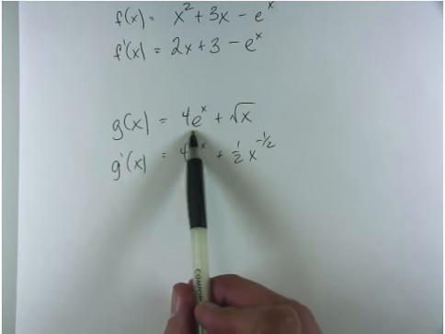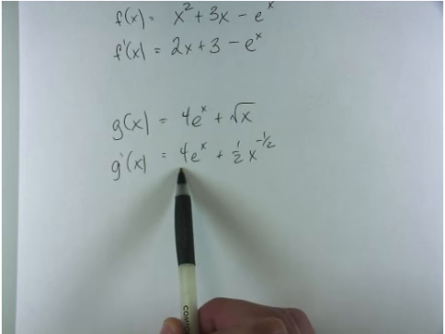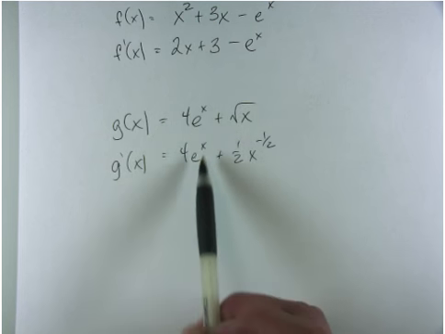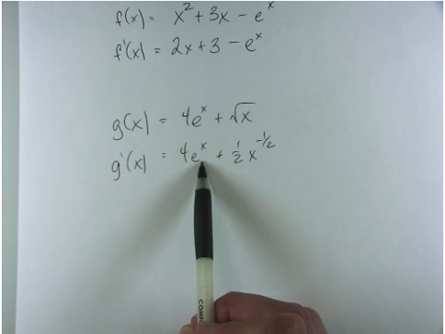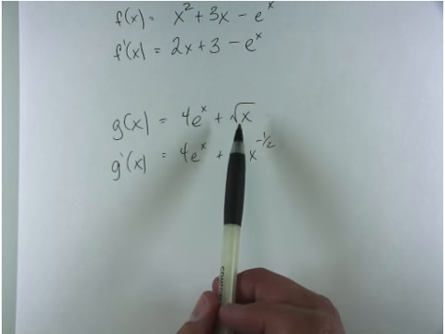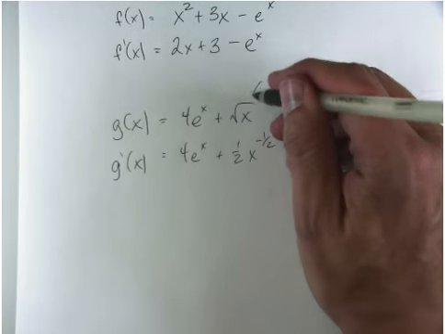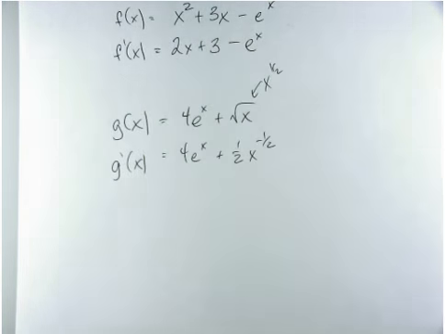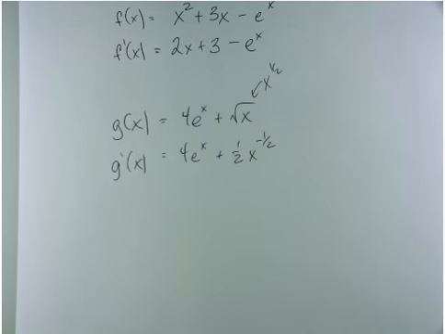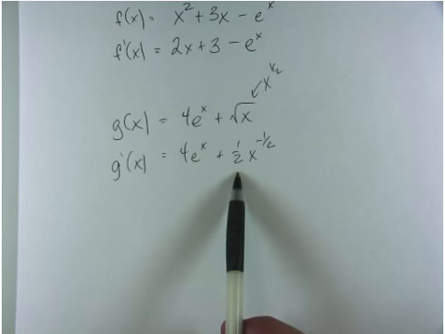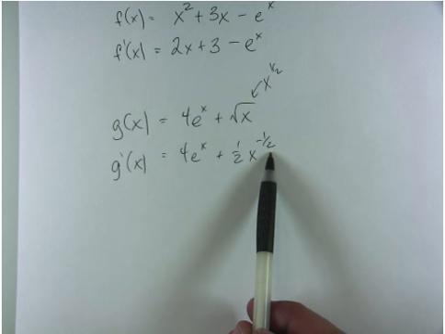The derivative just leaves it alone. e to the x, its derivative is e to the x. And then root x, remember we're thinking of root x as x to the 1/2. So I can treat it just like any other power function. The 1/2 becomes a coefficient, and I subtract 1 from the exponent.